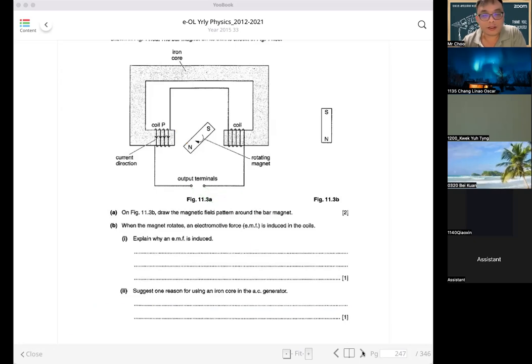Okay, last question. Very last question. If the maximum output of the EMF is 20 volt, if the V is 20 volt, and the resistor has a resistance of 2.5 kilo ohm, what is the maximum power produced in the resistor?